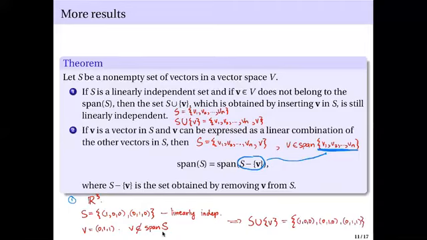This guy here is still linearly independent. Okay? Questions?